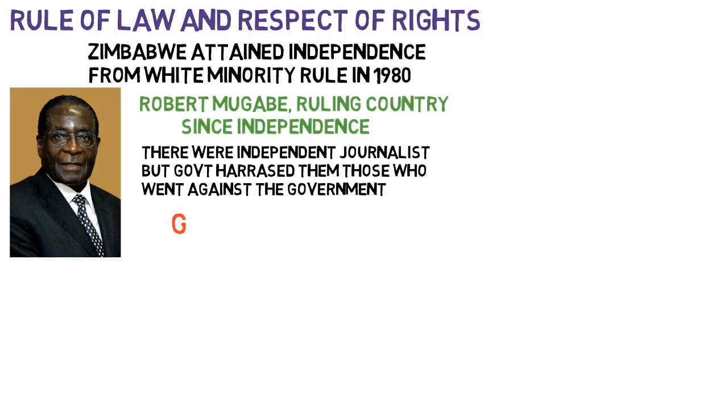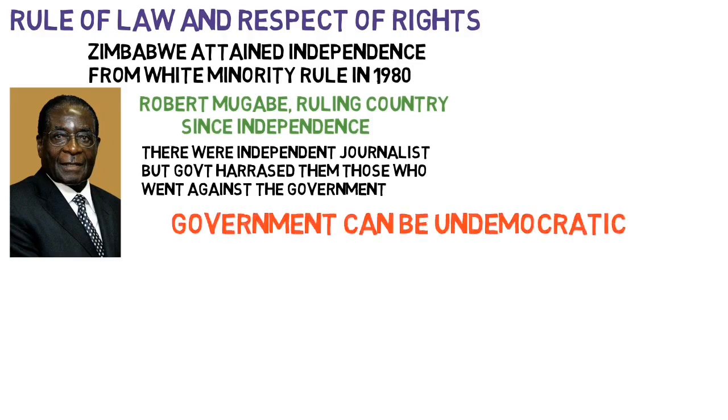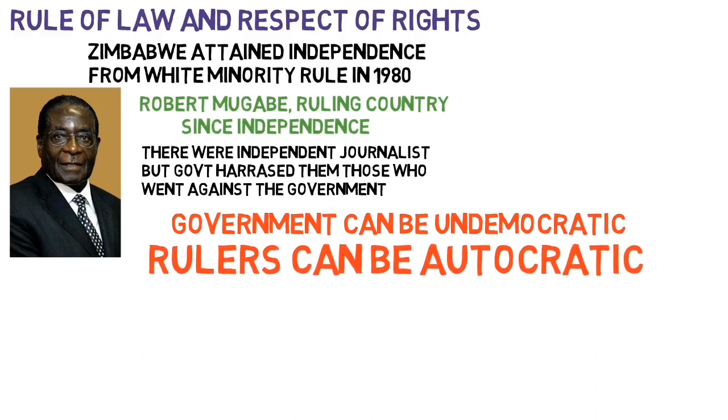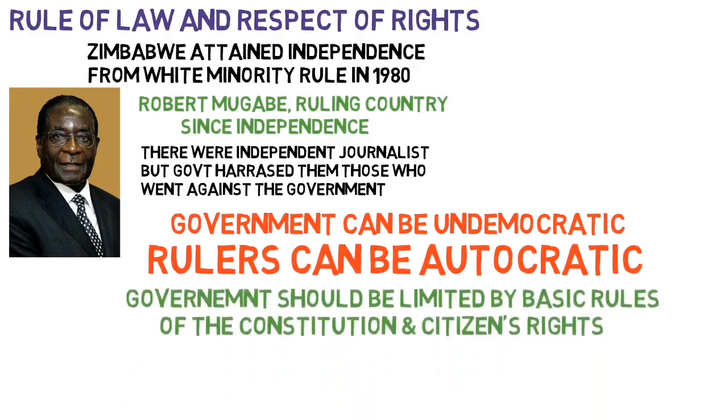This should not be the case, as it was in Zimbabwe. As you know, a government can be undemocratic, and rulers can be autocratic. Rights should be reserved with citizens themselves. Our definition says that government should be limited by the basic rules of the constitution. This was all about the features.